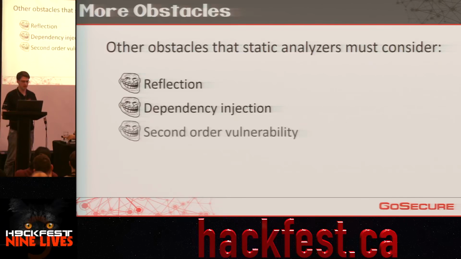Second order vulnerability. So we're doing symbolic execution and tracking down user input. But what if the user input is saved to a database and then used later? Because most transactional websites, for example, if you're on a store and you add something to your cart and you finally order your cart, not everything will be made at the moment where you click order.